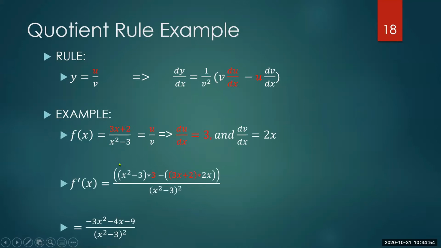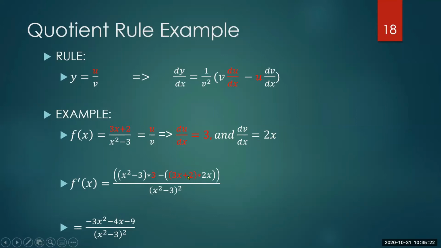Okay, so f dash of x then, that's equal to v du dx. We said that x squared minus 3 is equal to v, and du dx is equal to 3. So that's (x squared minus 3) multiplied by 3. That's our first step. And then it's minus u dv dx. And so u is 3x plus 2, and we said dv dx is 2x.